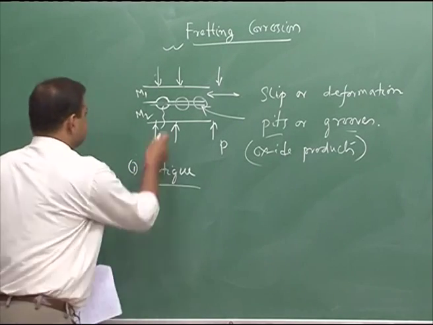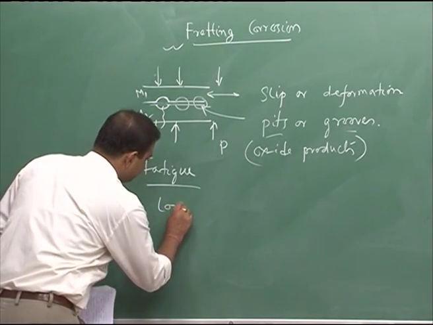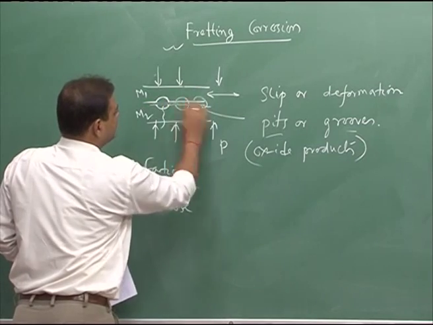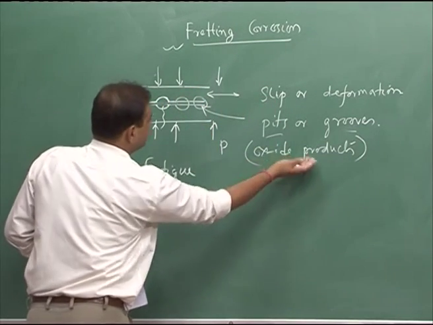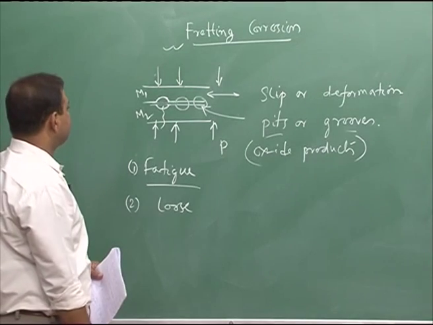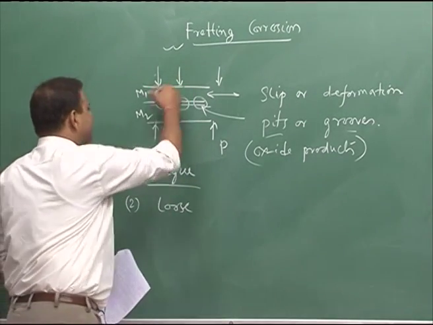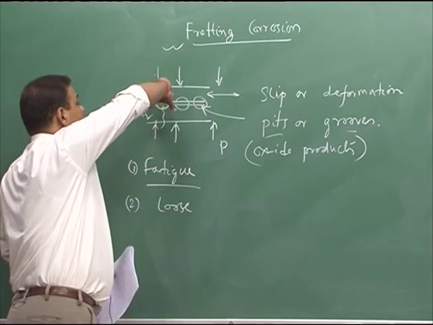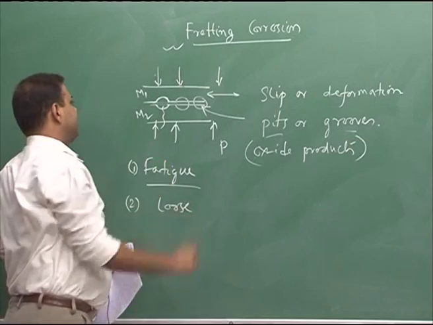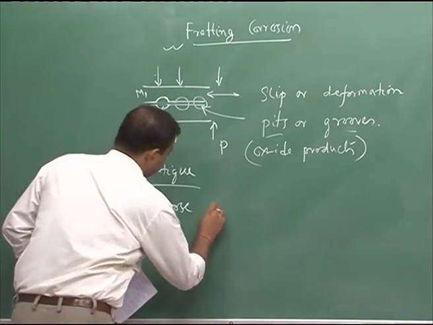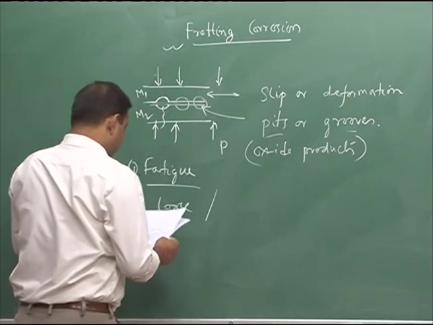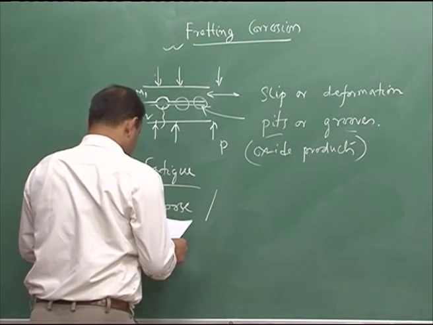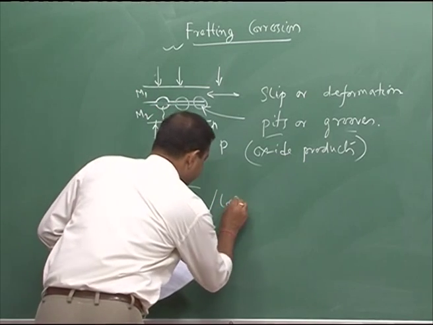The second effect would be that the system would become loose, because you have constant wear, constant slip and deformation, and constant oxide product formation. So it will become loose, because during operation you are not constantly tightening the system. There could also be a problem of tolerances.